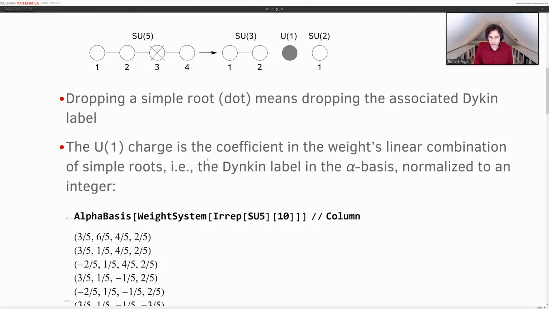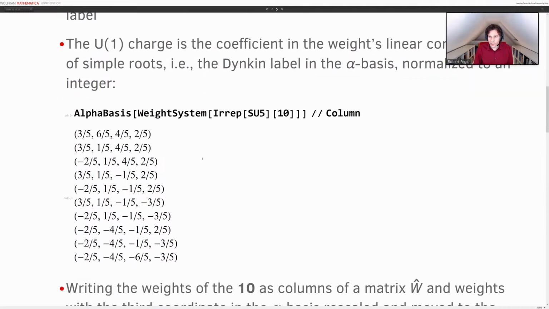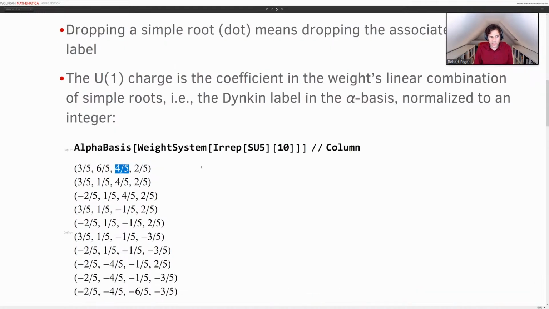Usually it's some fraction. Here, for example, I have these coefficients for the whole weight system, and this would be the third one. It's 4/5, and then you normalize it to an integer. This is where the 4 comes from.